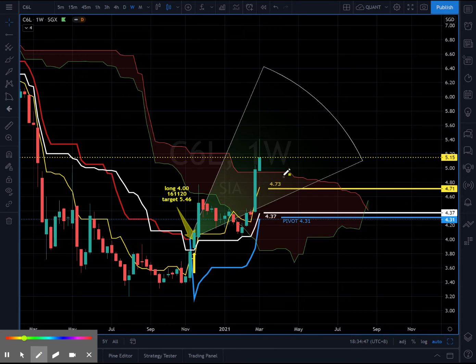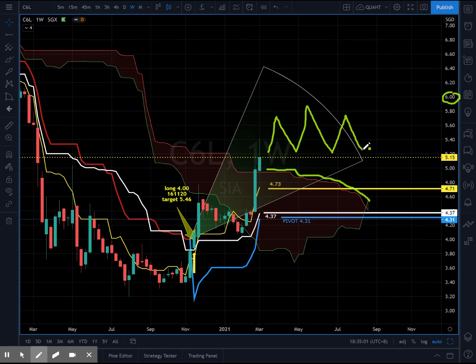So for the weekly charts, we want to see price action stay above this SSSB line and try to hit and maintain its initial target of about $6. All right, so this particular range has to be broken up to the upside for any bullish traction to gain and break out of its long-term downtrend.